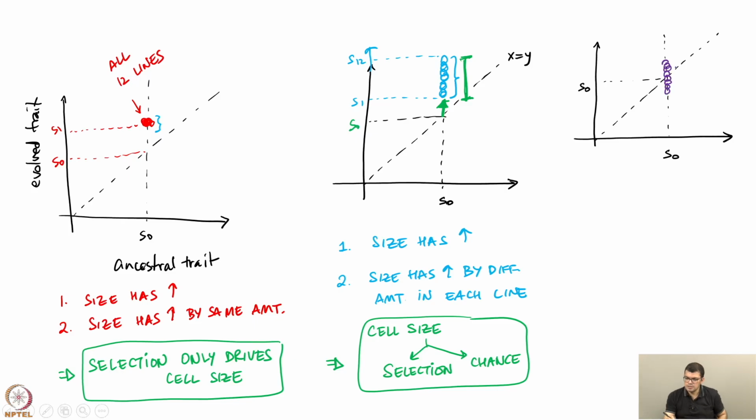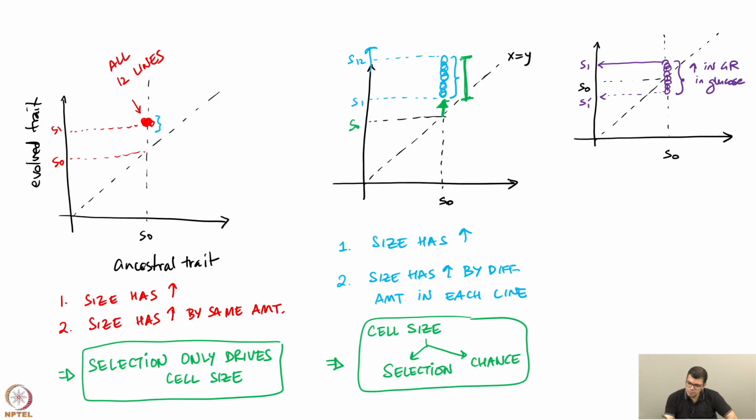Now, in some lines the ancestral value has increased to this evolved value S1, but in other lines the value of the trait in the evolved lines has actually decreased from S0 to S1 dash. Some lines have exhibited an increase in the trait value, other lines have exhibited a decrease. All of this has happened while all 12 lines have increased in growth rate in glucose, because the experiment was conducted with that particular goal.